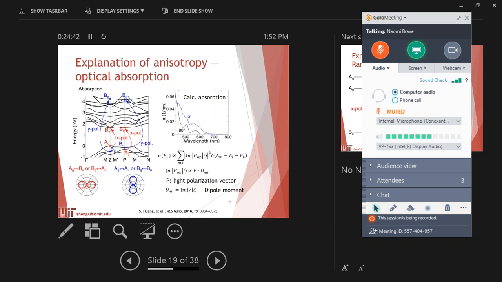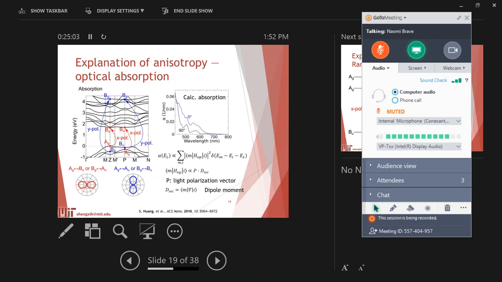And on the other hand, if one electron from this Bu state wants to be excited to this Bg state, the incident photon cannot be along x-axis, and the maximum absorption can occur when the polarization of the photon is along y-axis. So therefore, you can see a polar plot like this.